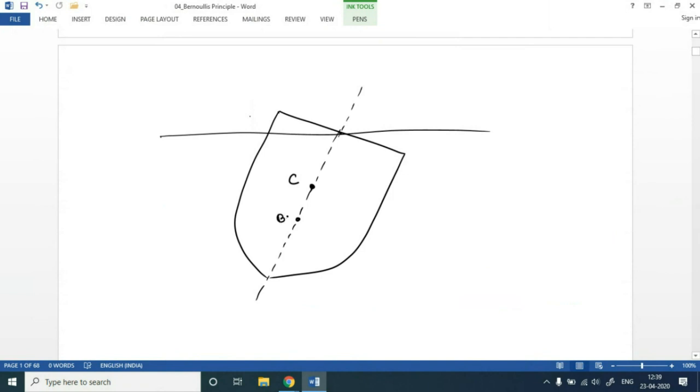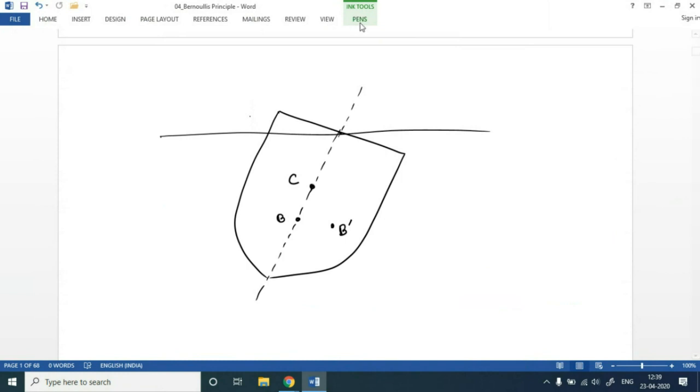But you must realize, as this body has been tilted over here, the center of buoyancy will shift towards the right of the axis of symmetry, because more of the body towards the right is inside the liquid. So the center of buoyancy is going to shift somewhere, let's say B dash, somewhere over here. So we have changed the position of the center of buoyancy, and the center of gravity is still the same.